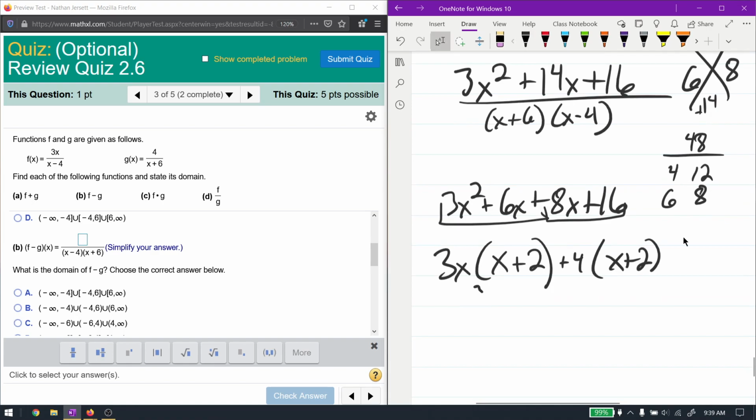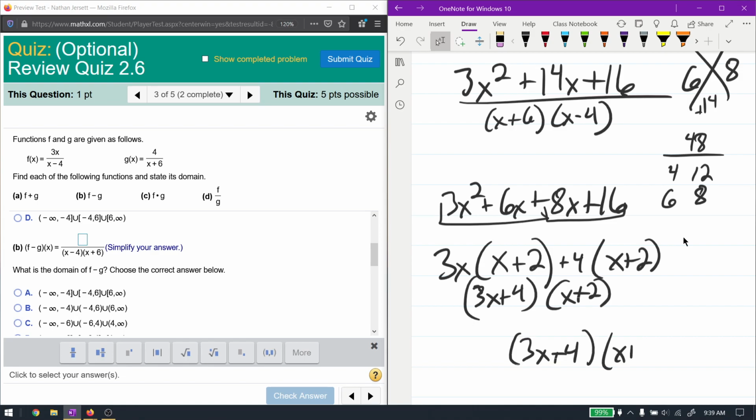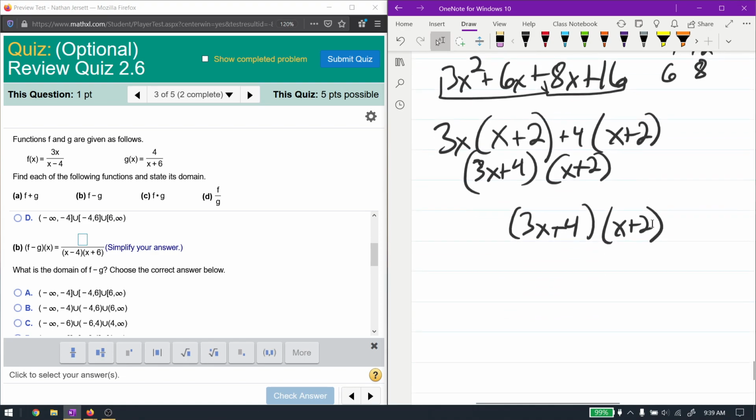And now you see we get 3x plus 4 and x plus 2. That gives us (3x plus 4)(x plus 2) all over (x plus 6)(x minus 4).